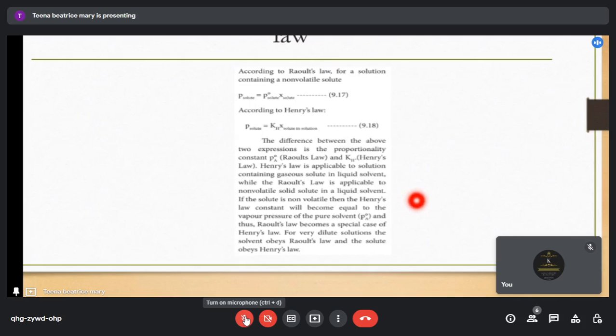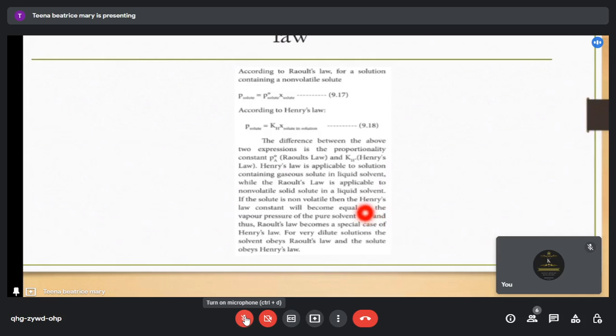Based on what was said, at a certain stage when both become applicable, it is when Henry's law constant becomes equal to the vapor pressure of pure solvent. When the Henry's law constant equals the vapor pressure P naught A of the pure solvent, then Raoult's law becomes a special case of Henry's law.